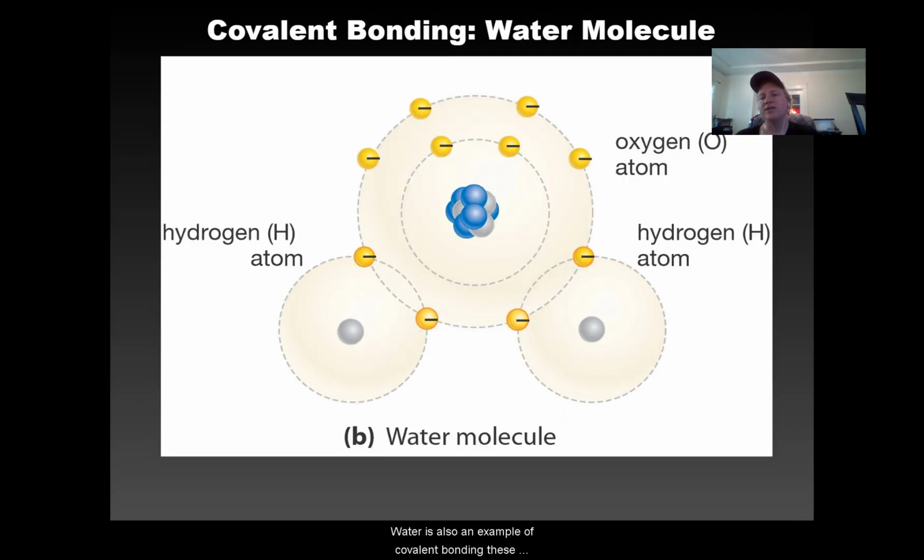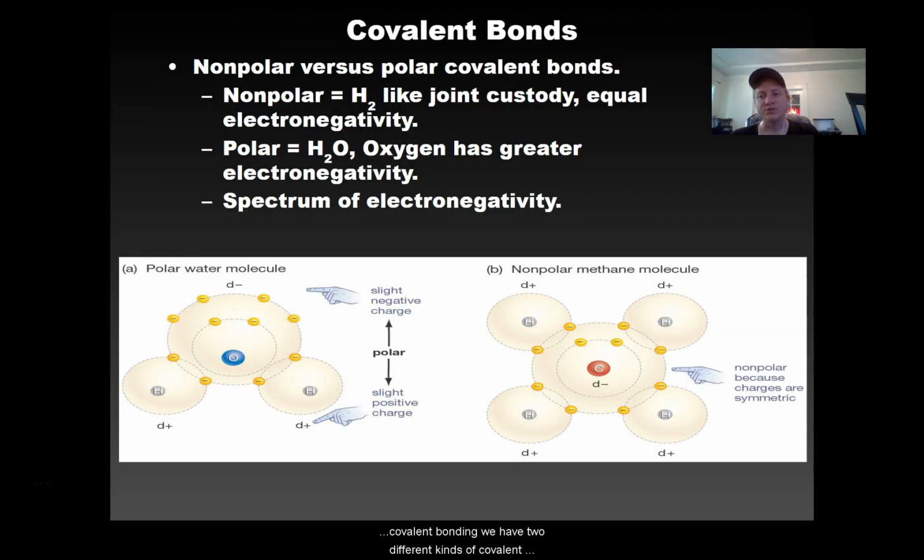Water is also an example of covalent bonding. These hydrogens are going to share their electrons with this oxygen. Okay, this is another example of covalent bonding. Again, covalent, you should be thinking, means shared electrons. So still of covalent bonding, we have two different kinds of covalent bonds that you can have.